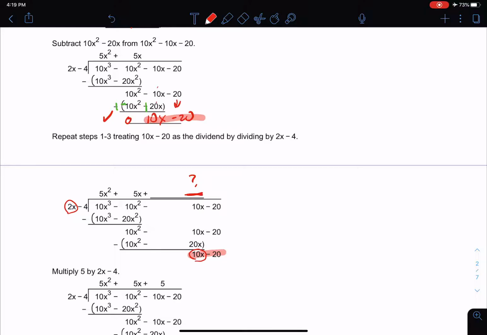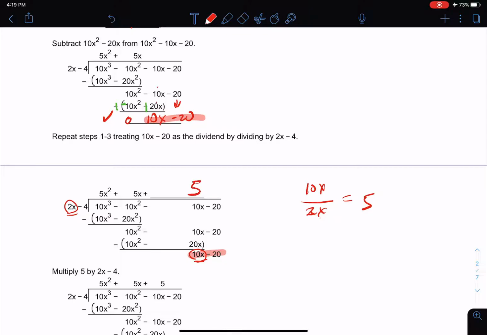And once again, the way that the book likes to do it is they like to take this 10x, divide it by the divisor to figure out what number needs to go up top here. And 10x divided by 2x is just 5. And so just as we suspected before, that is going to be a 5.